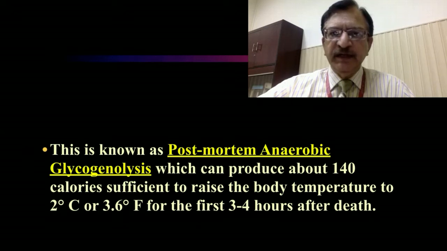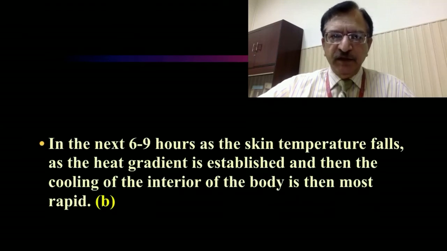The human body does not behave like a metallic object, as it is composed of various materials, the fat, the muscles, the bones, having different conducting and insulating properties, and there are the insulating factors of the outer covering and anaerobic glycogenolysis. These factors play an important part in why the human body does not behave like a metallic object.